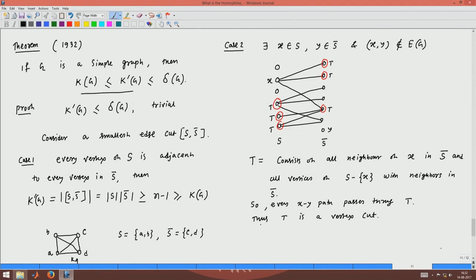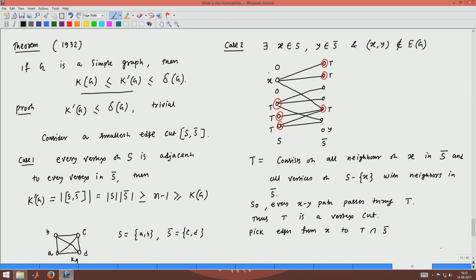So, pick the edges from x to T intersection S complement.